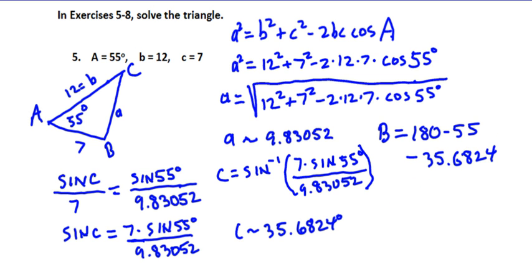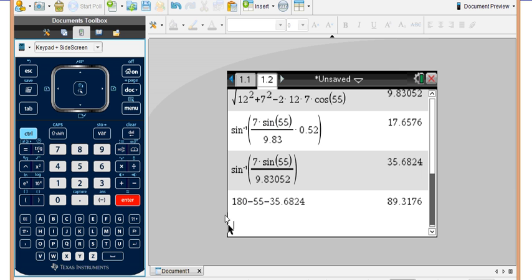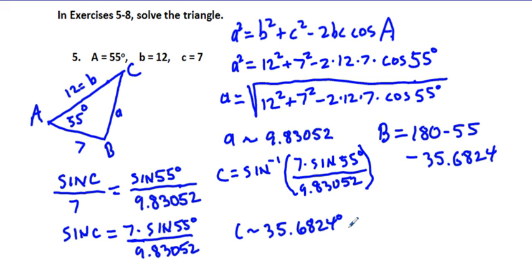And so we do that: 180 minus 55 minus 35.6824 degrees, and we get 89.3176 degrees. That's going to be angle B.